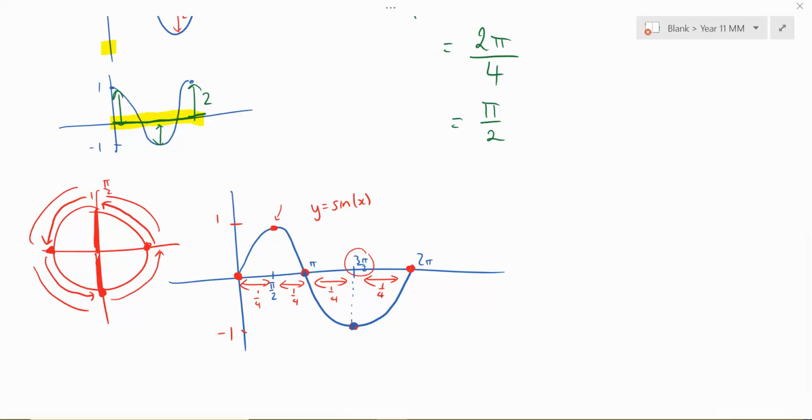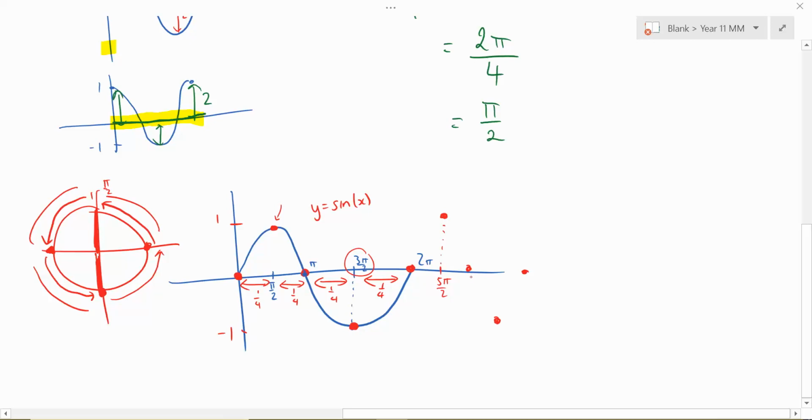What's special about these quarter cycles is that the sine graph repeats them. It goes from the center to the maximum, to the center again, back to the minimum, back to the center, and it's every quarter. So I know the next one, after 2 pi, which is 4 pi on 2, then the next one's 5 pi on 2 to reach the maximum.